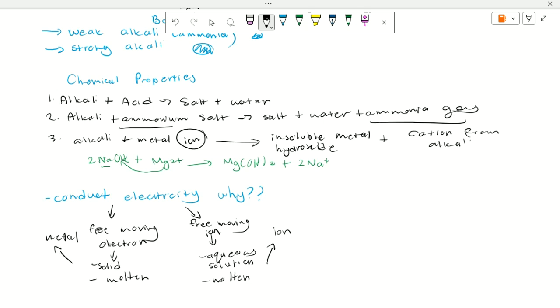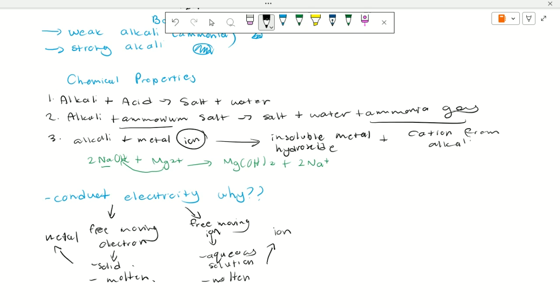For solid, the substance that has free moving electron, which is obviously metal, if you remember chapter 5, it can conduct in solid and molten. Meanwhile, free moving ion, which is like aqueous solution, that have ionic bond, can conduct electricity in aqueous solution or molten.